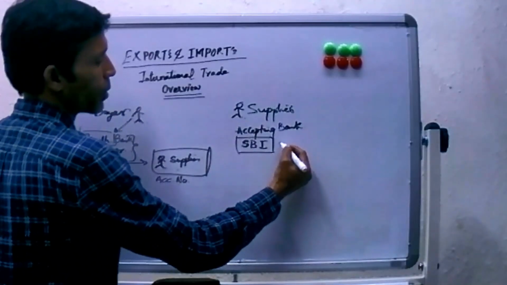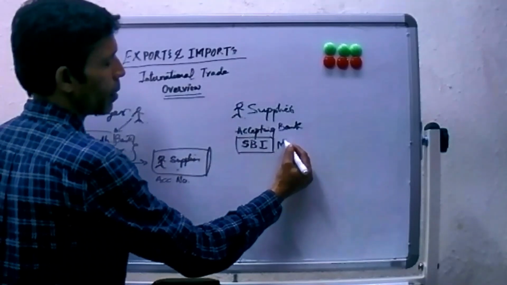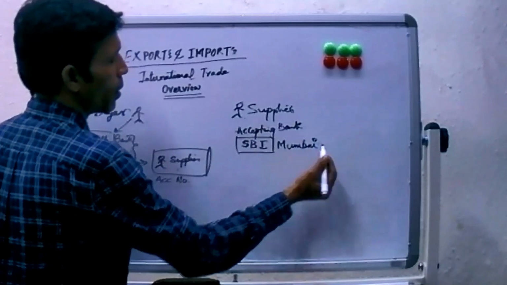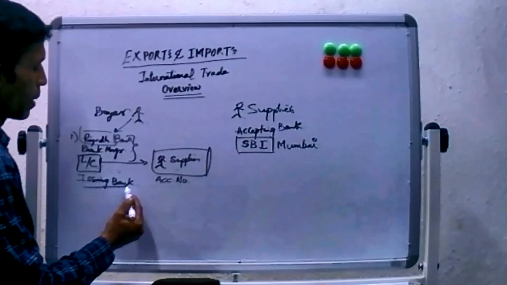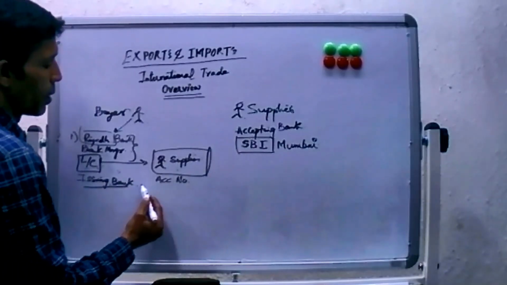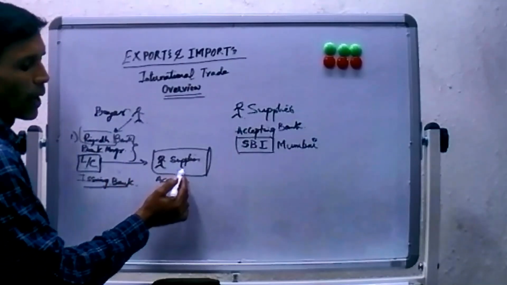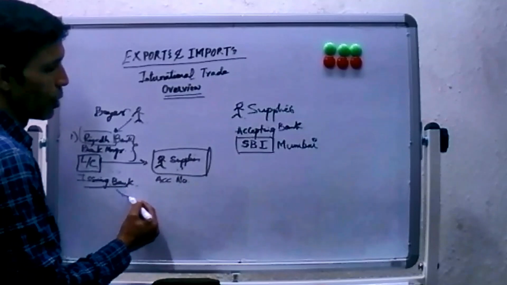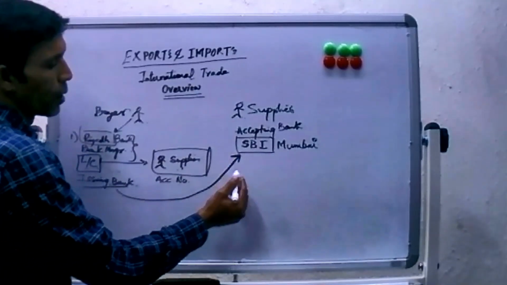So SBI, let us say SBI Mumbai. What happens is, once this issuing bank makes the LC, they will communicate. Once this LC is prepared, the issuing bank will send this LC directly to the accepting bank.